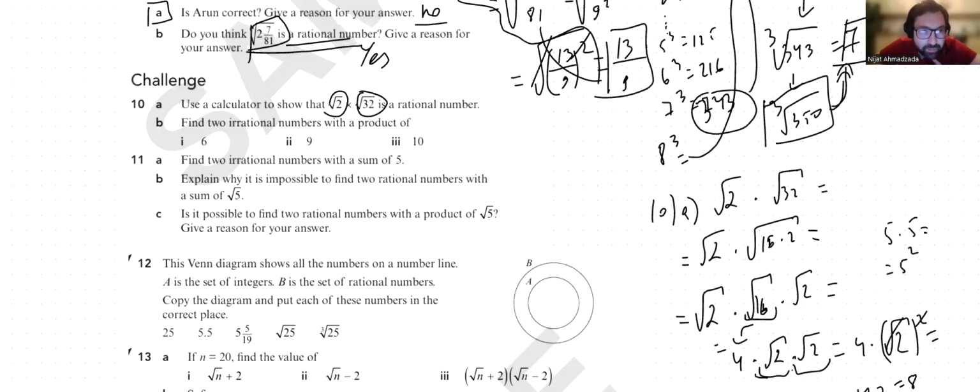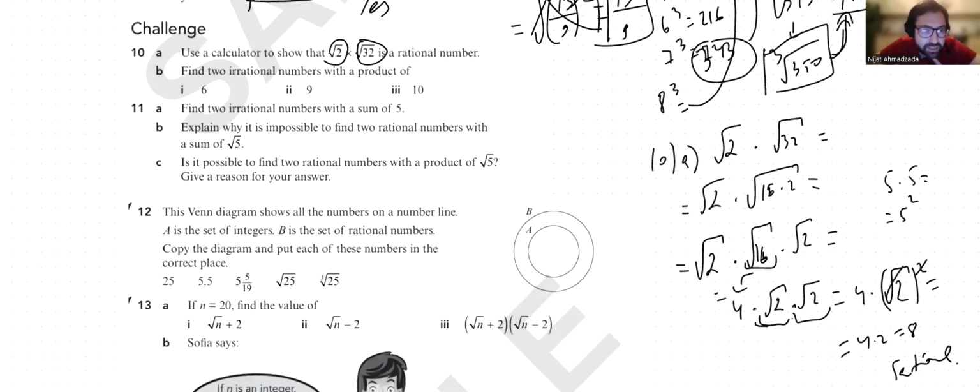Question 11. Let's see part C, for example. I'm just reading part A first. Find two irrational numbers with the sum of 5. Well, very easy. Let's just choose one irrational number and then we can find the other one. So let's choose the first one as square root of 2, okay? Then the second one should be something so that their sum is equal to 5, right?